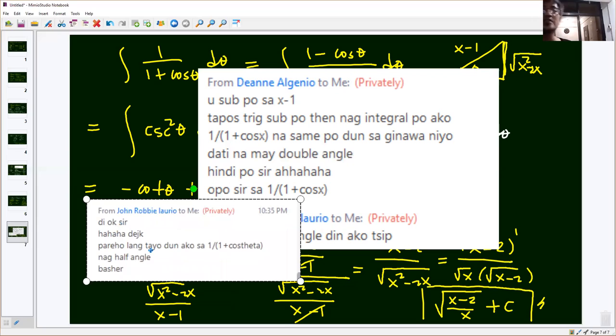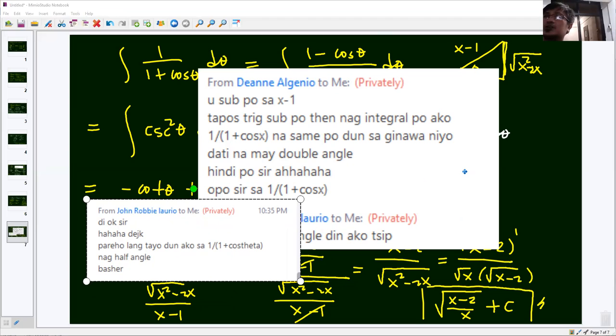So, parehas tayo dun sa 1 over 1 plus cos theta. Nag-half angle lang. Basher. O, di ba? Okay, that's it, guys. Guys, again, this is our joke lang, Robbie, of course. Ikaw pa. I'm still very proud of you, oblation scholar and intermed. Yun nga lang, I must say this: mas magaling pa rin ako sa'yo.